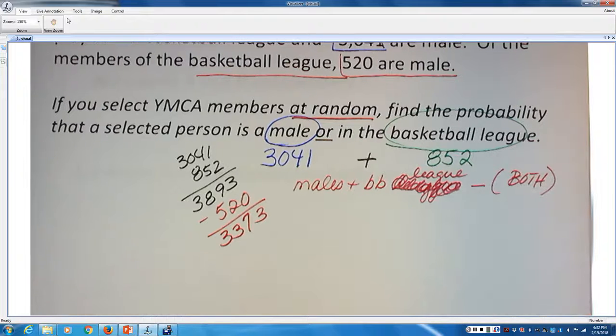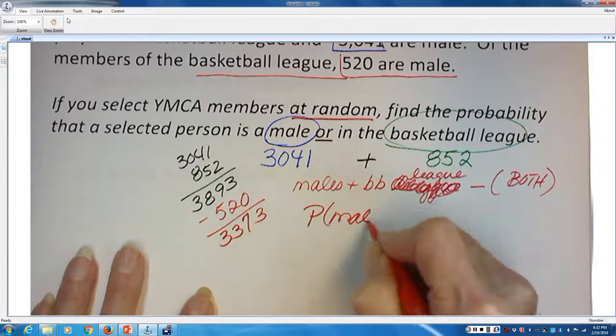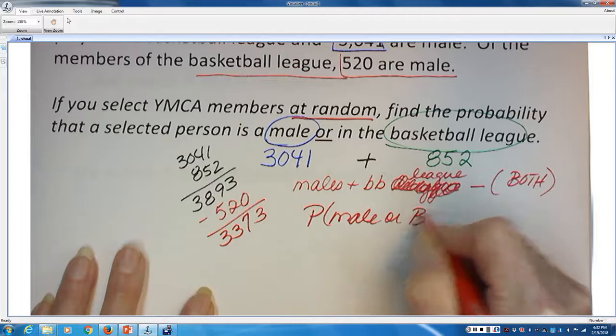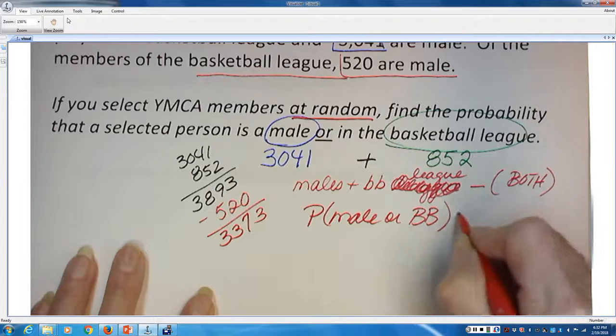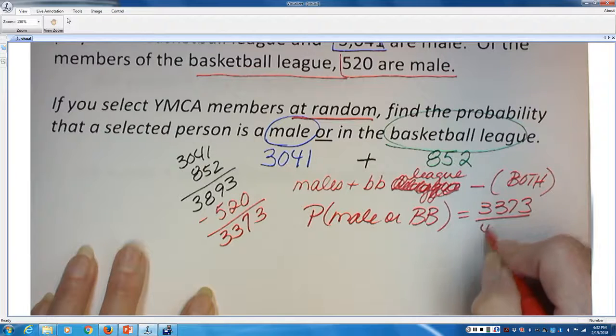So anybody that you counted as being in both, you have to actually subtract them out one time. They don't get to be men and basketball players. They don't get to count twice just because they do two things. Okay? So that means our probability of male or basketball is 3,373 out of the total 4,563.